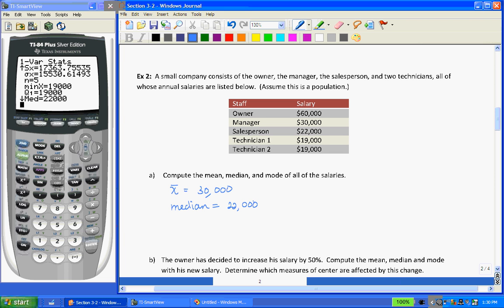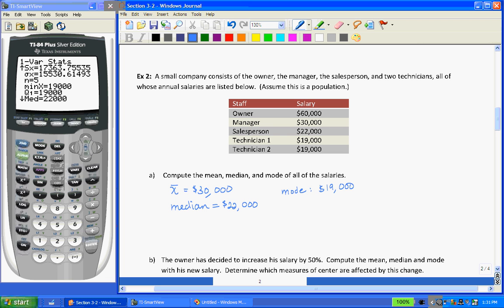That might have been easy to find just looking at our chart since we only have 5 values. And for the mode, again, we can just look at our little table here. Well, 19,000 is the only value that repeats, so that's our mode.